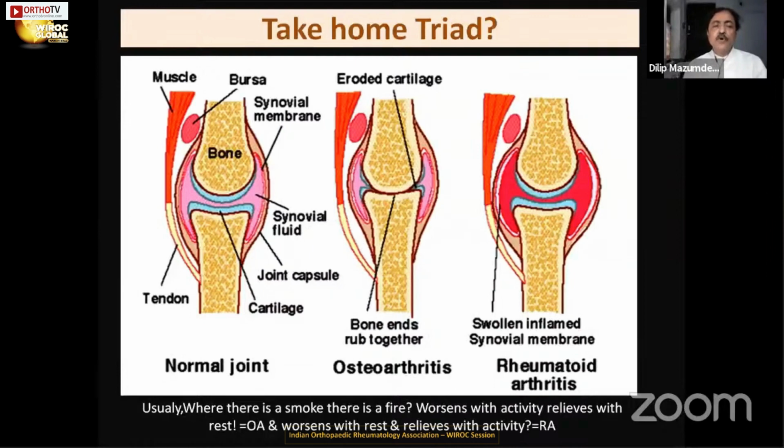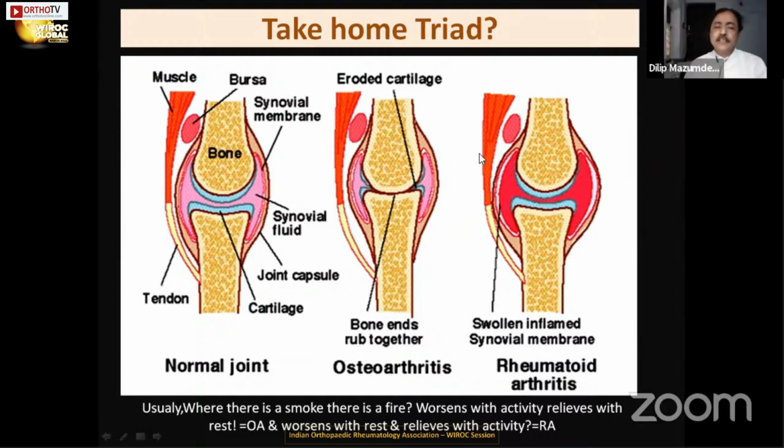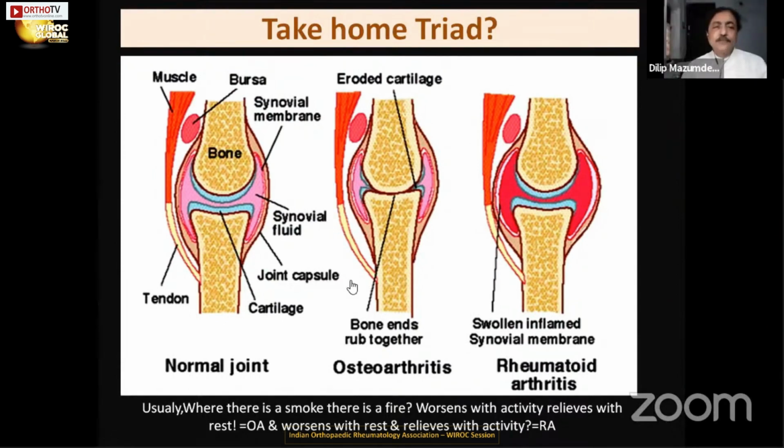And see, the bone ends rub together and the cartilage erodes in osteoarthritis, whereas there is a swollen, inflamed synovial membrane in rheumatoid arthritis. Osteoarthritis worsens with activity and relieves with rest, whereas rheumatoid worsens with rest and relieves with activity. Thank you very much.